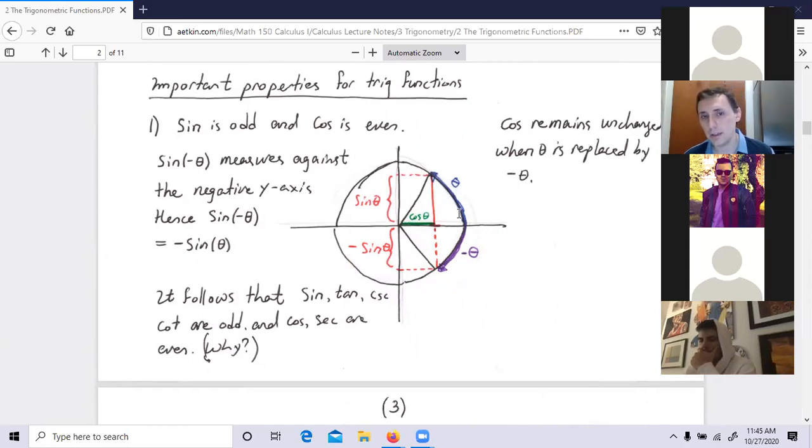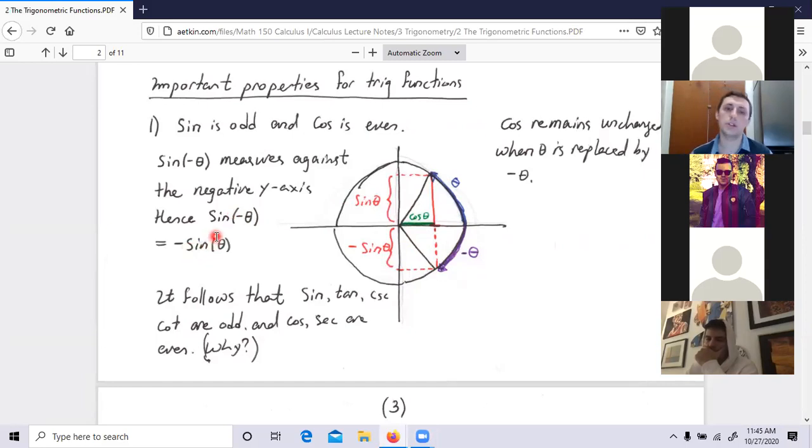If theta is opened in the positive sense, then sine of theta will be the upper part, and sine of minus theta is the lower part. You're with me, guys? Upper part, lower part. Yes? And notice that they are always negatives of one another. One is the negative of the other, right? Sine of minus theta is minus sine of theta.